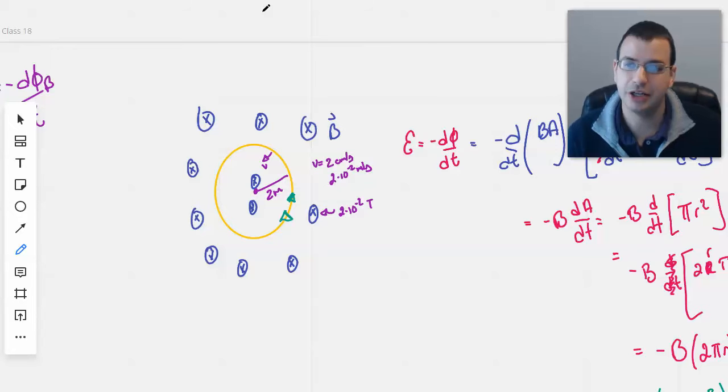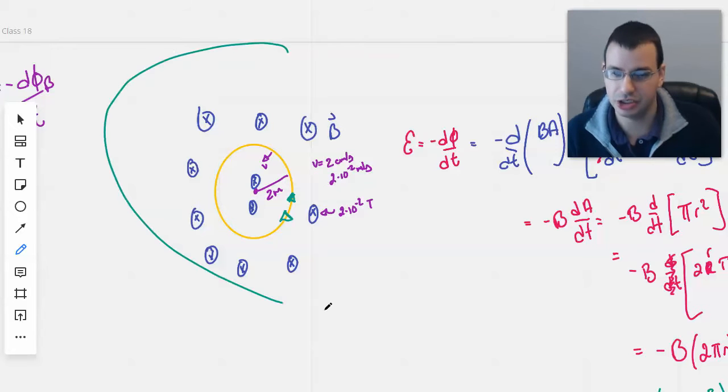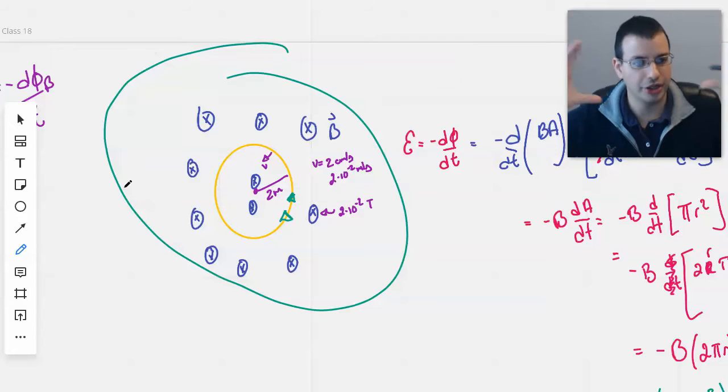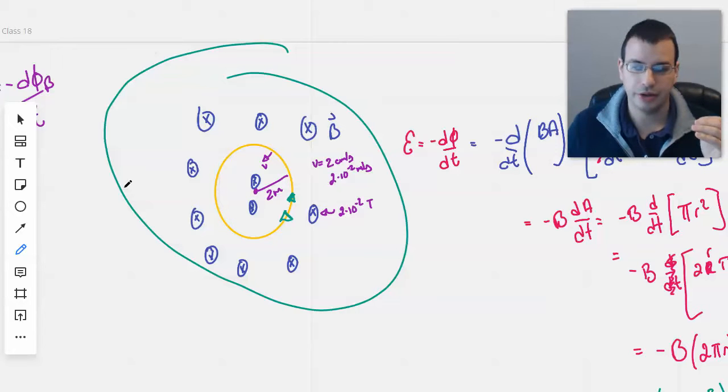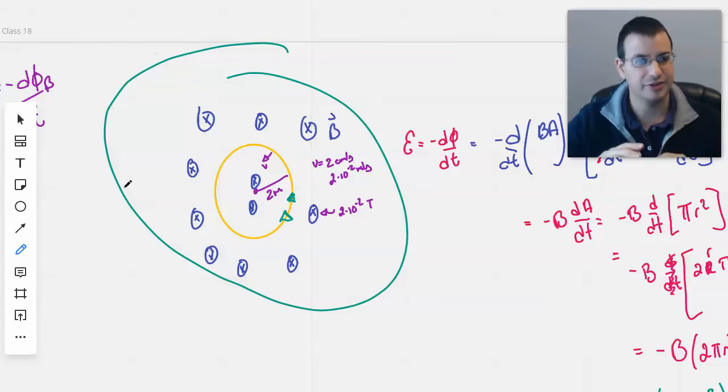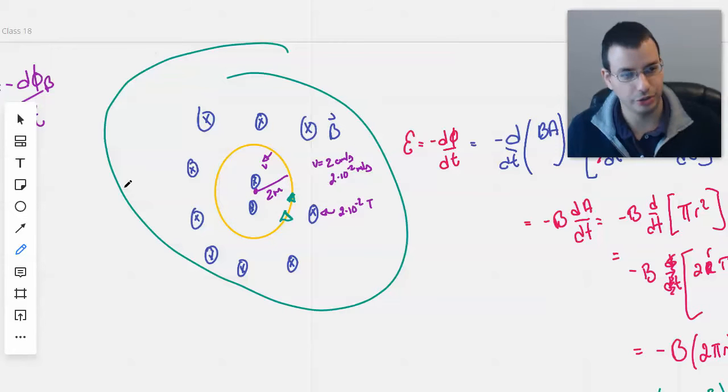So the idea here is you might have a giant solenoid on the outside, and this solenoid is what's creating this magnetic field. And so the force that you're using to create this current comes from the magnetic field, which is coming from a solenoid, which is coming from current running to the solenoid.